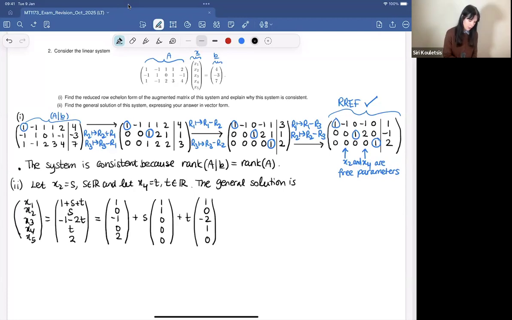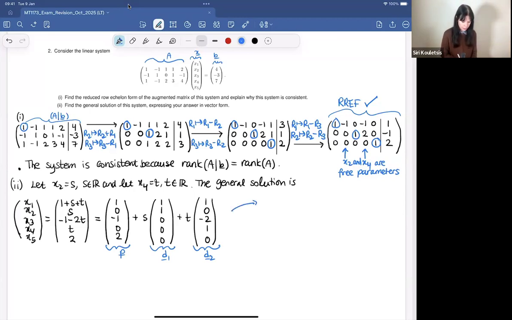Now, I do want to point out here how to check your answer, so that you get confidence when you are practicing.